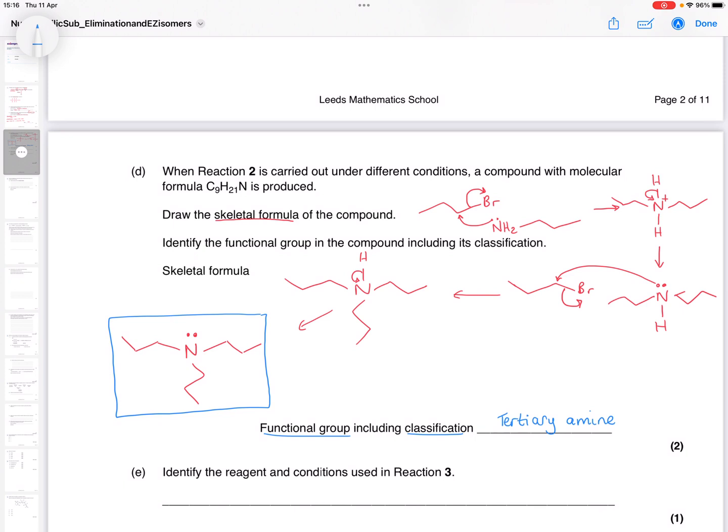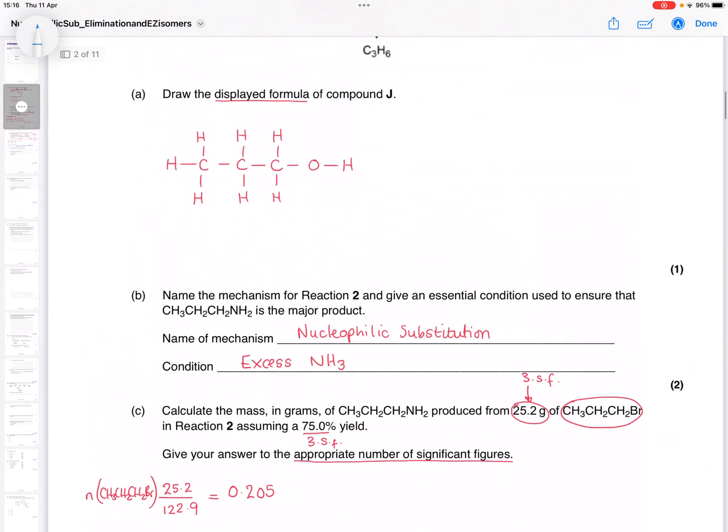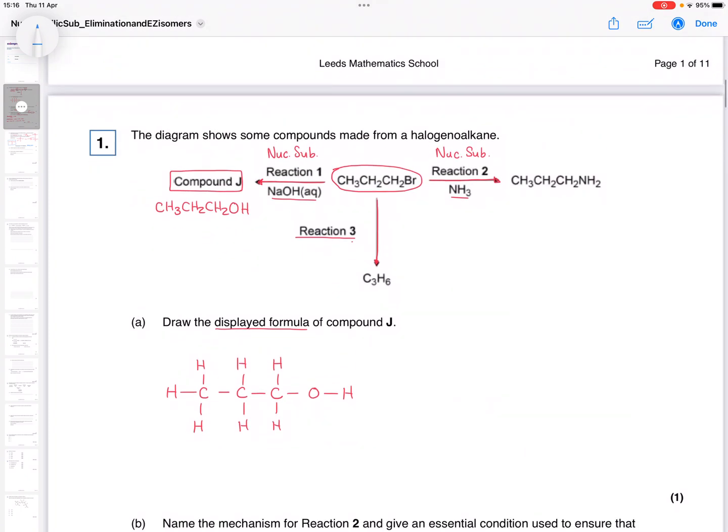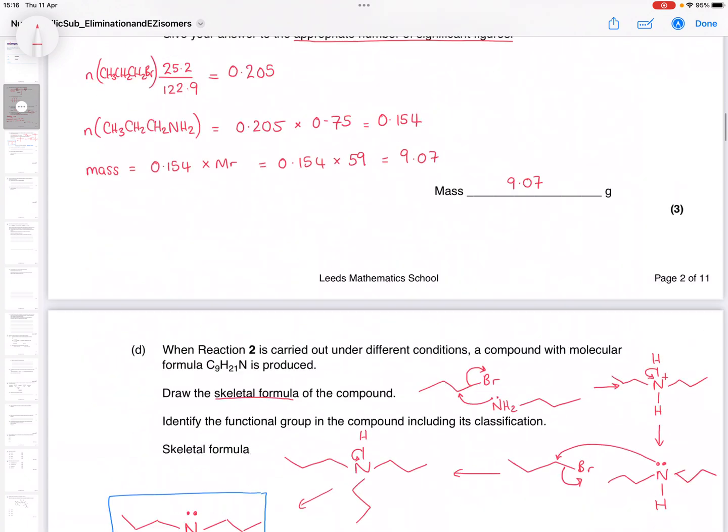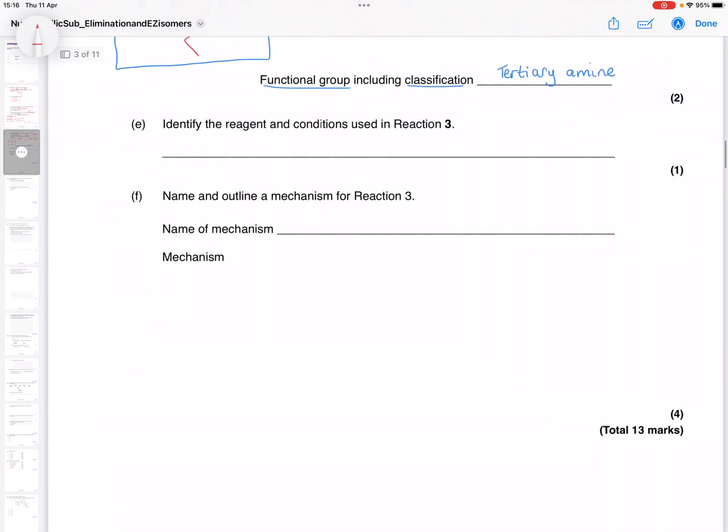So the next part is to identify the reagents and conditions used in reaction 3. So we need to go back and remind ourselves what's happening in reaction 3. So in reaction 3, our halogenoalkane is being converted into an alkene. And so that reaction is called an elimination reaction. Let's come back down here.